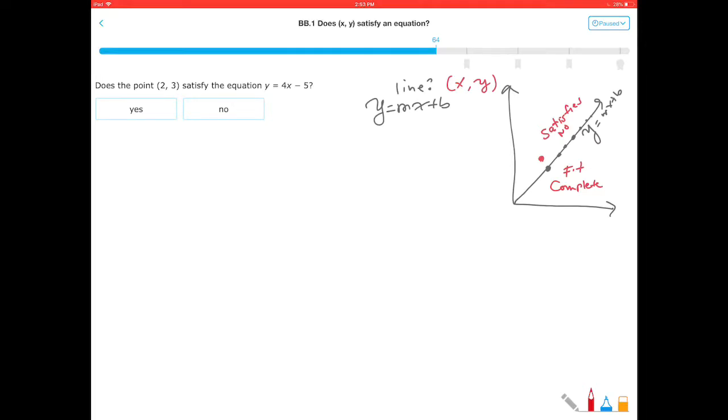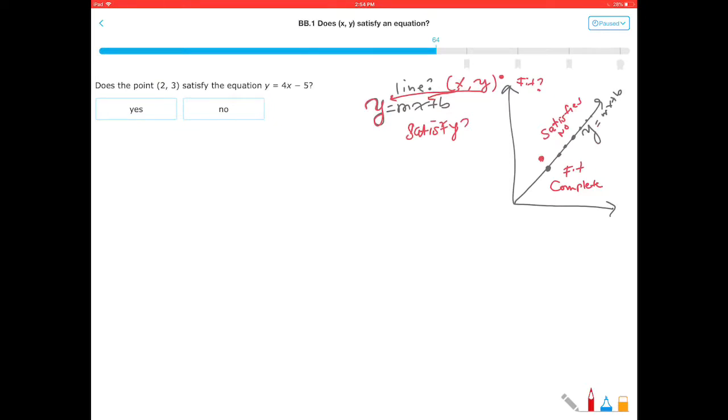Does it fit? Can't I just put this y in here and see if it will fit? And can't I put that x in there and see if it'll fit? Instead of saying fit, it's going to ask, does it satisfy?